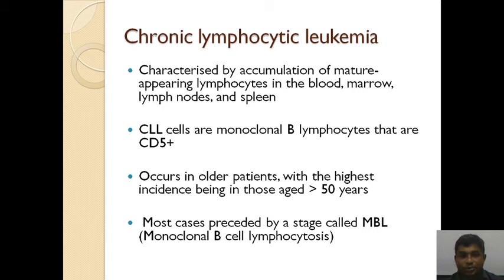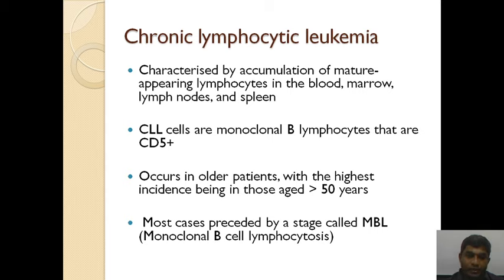So these are positive for CD5. Normally CD5 is negative in normal mature B cells. In CLL cells, CD5, though it is a T marker, is expressed on these cells, which is classical of CLL. It is a disease of old age, rare in children and young adults. Usually it occurs in the age group more than 50 years, and the incidence increases with age.